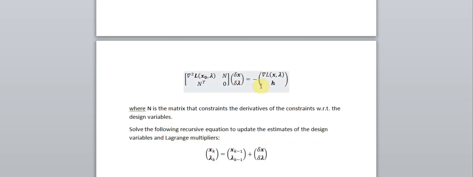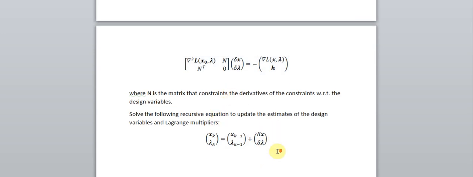So we solve this equation and we determine the increments by which we want to change the design variables and the Lagrange multipliers. So we solve for delta x and delta lambda. And once we have these increments, then we update the estimates of the design variables and the Lagrange multipliers at the optimum using this equation.